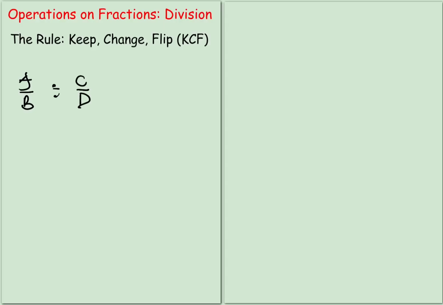All you want to do is keep the first fraction, so keep your a over b. Then you change the division sign to multiplication, so times. And then you flip this around, that is, it becomes d over c. So the numerator becomes the denominator, and the denominator goes to the numerator. As simple as that. So with this understanding established, let's look at how we can apply it to solve some basic questions.